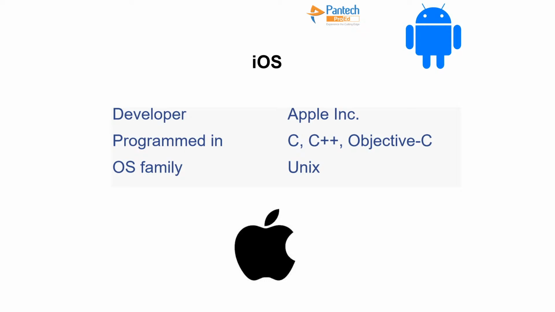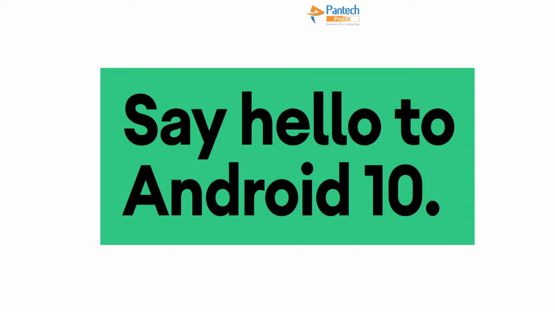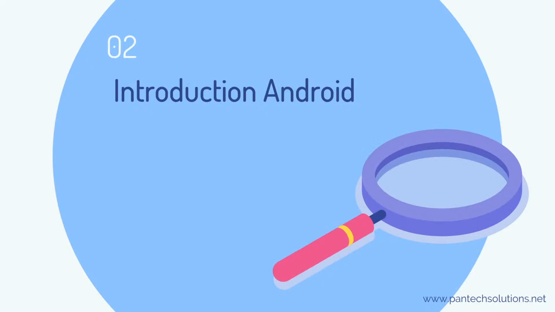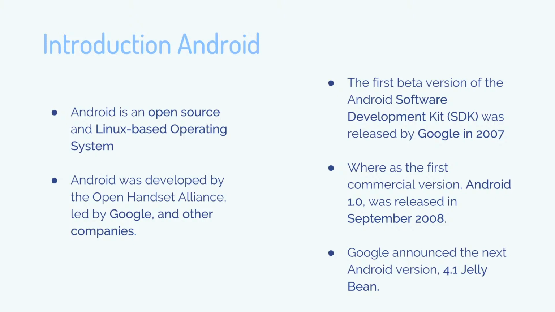Next we enter into Android: how Android is developed, and how we build. So, say hello to Android. Introduction to Android. First of all, Android is open source. I already told you it's a Linux-based operating system, so it comes under the Linux family, and it's open source.